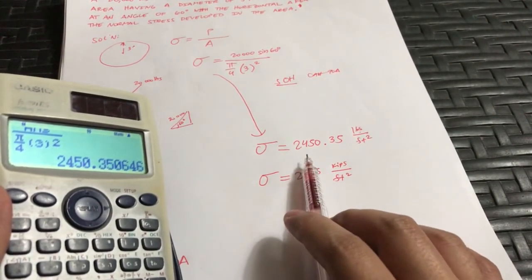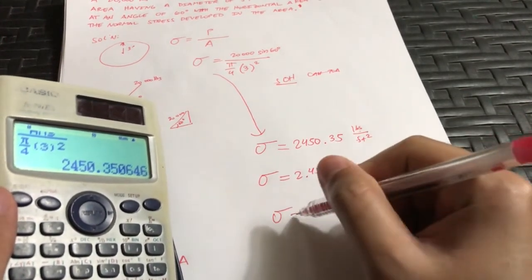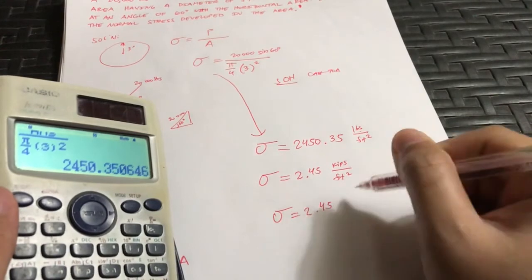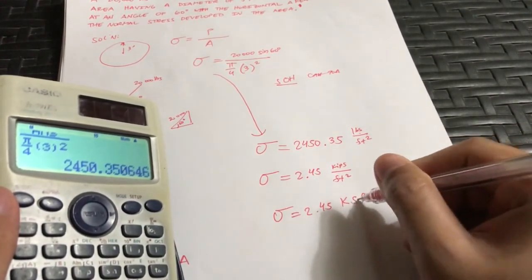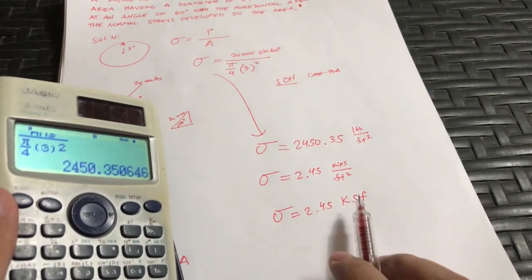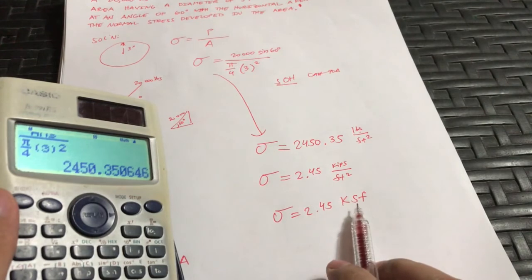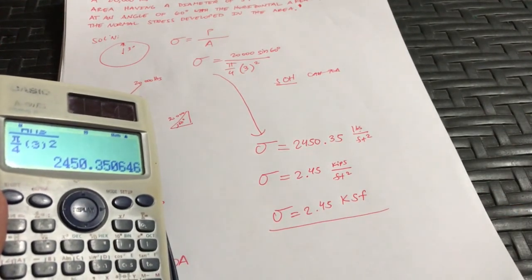Or we can also have it in this form, 2.45 KSF. KSF means kips per square feet. That is now the normal stress.